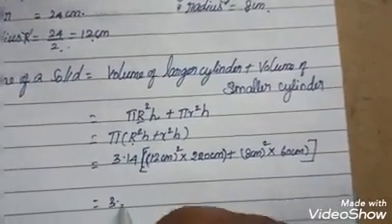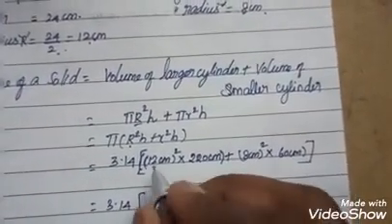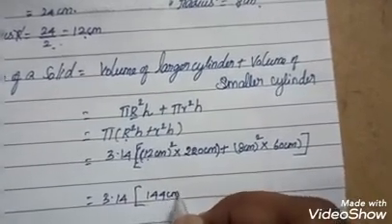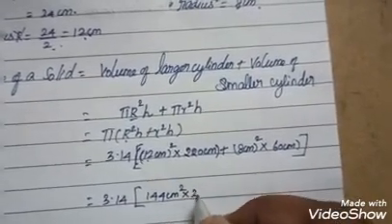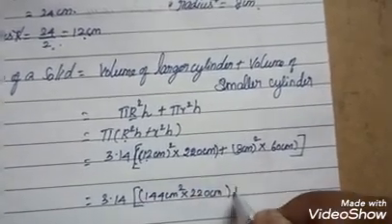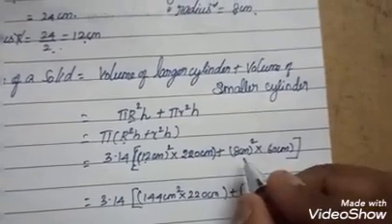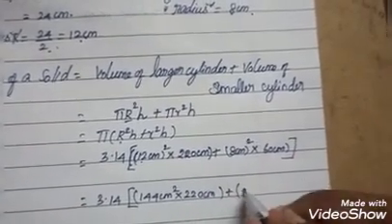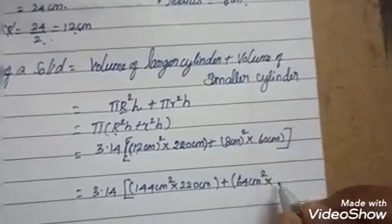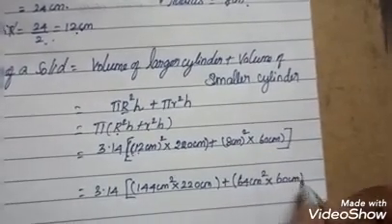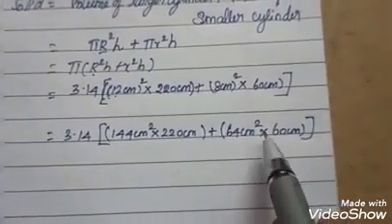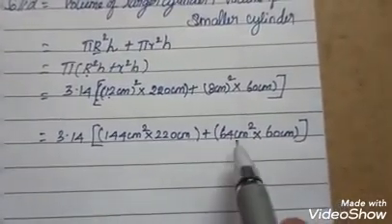Now 3.14 into 12 squared gives 144 centimeter square into 220 centimeter, plus 8 centimeter square, that is 64 centimeter square, into 60 centimeter. Then with normal multiplication and addition, you need to find the value of the whole.